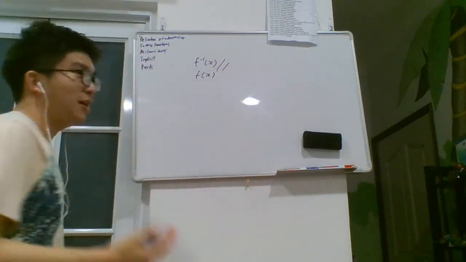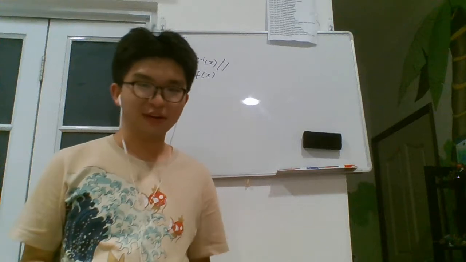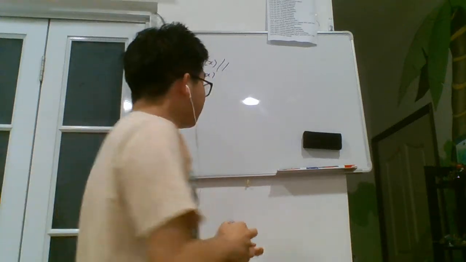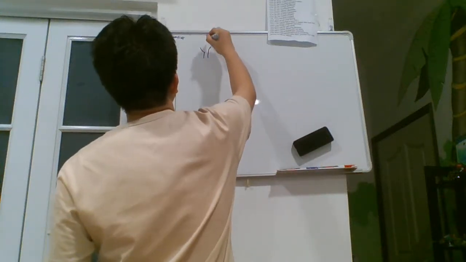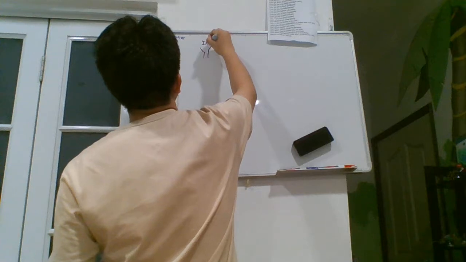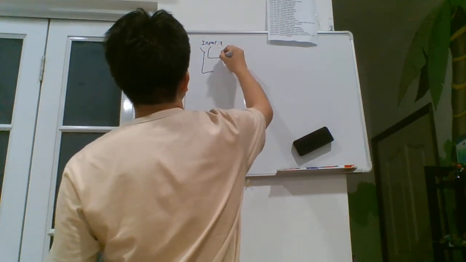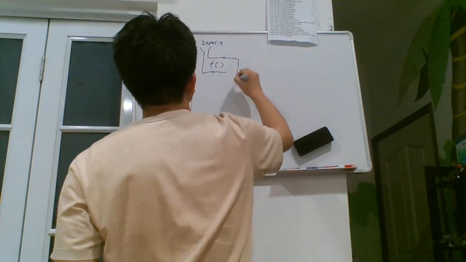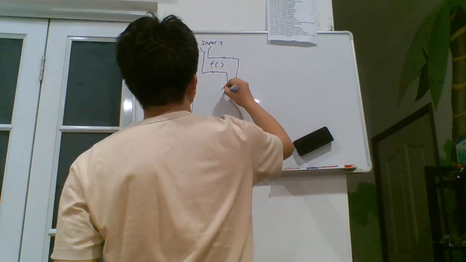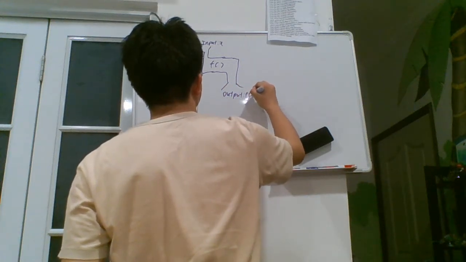But before I start on what an inverse function is, I have to start on defining what a function is. A function is that for every input, which you can call x, it will undergo a series of transformations based on something, and you will have an output which is f(x).